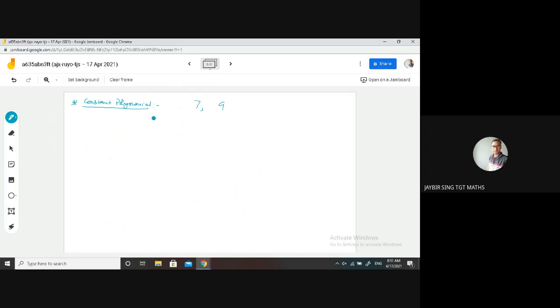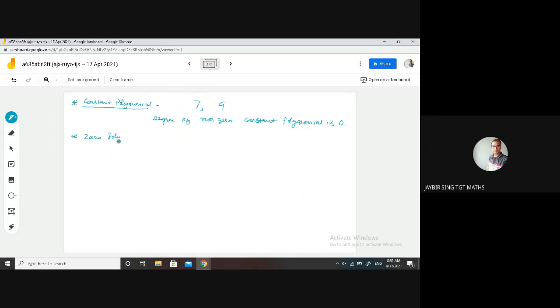So one very important thing, the degree of a non-zero constant polynomial is 0. Okay, and second we have the zero polynomial.